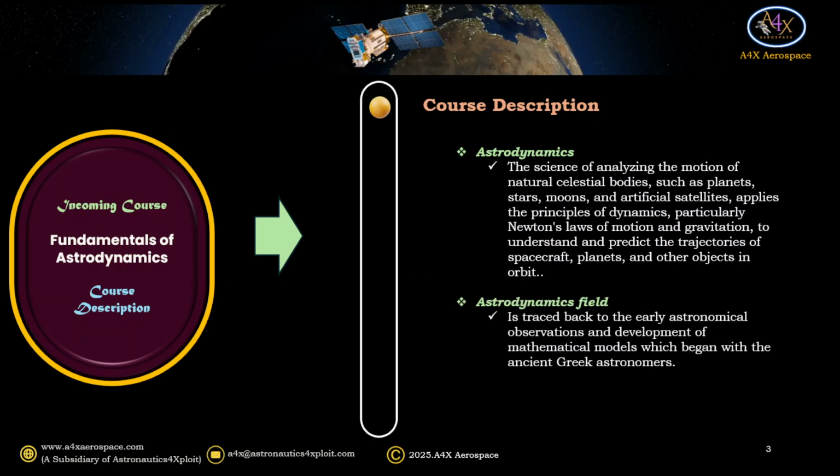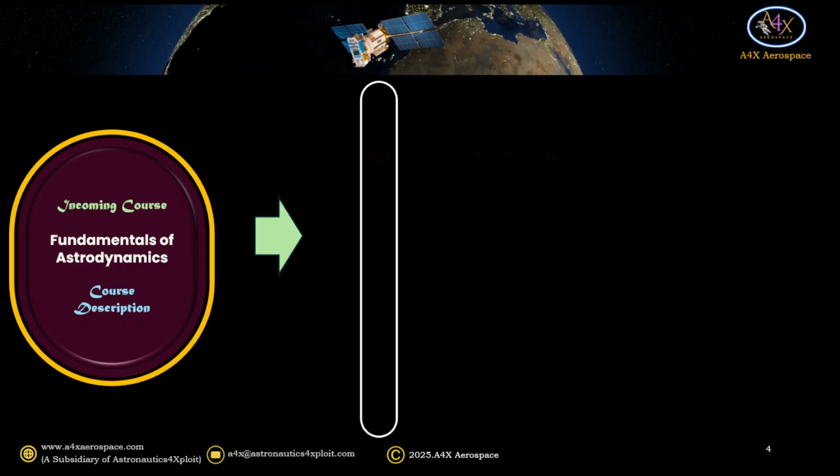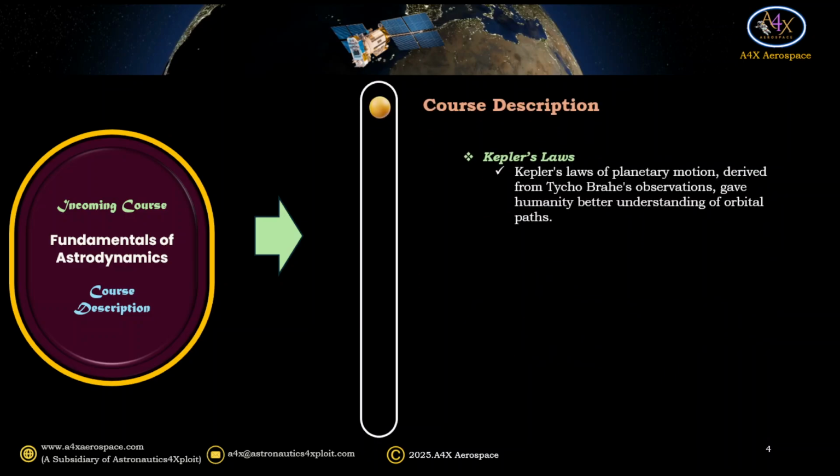The astrodynamics field is traced back to the early astronomical observations and development of mathematical models, which began with the ancient Greek astronomers. Kepler's laws of planetary motion, derived from Tycho Brahe's observations, gave humanity a better understanding of orbital paths.